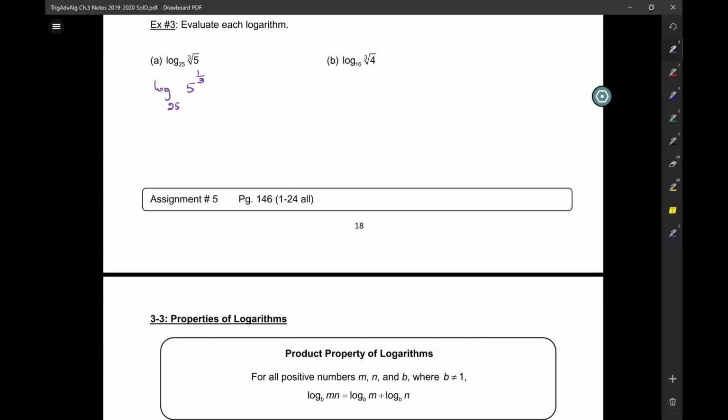Now, here is the trick. I want to write this 5 in terms of a 25. When we're dealing with logarithms, we are only allowed to deal with roots and exponents. What can I do to 25 to make it a 5?